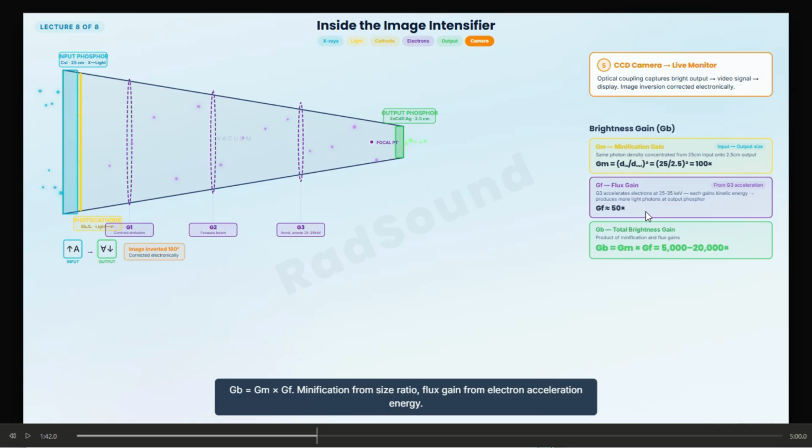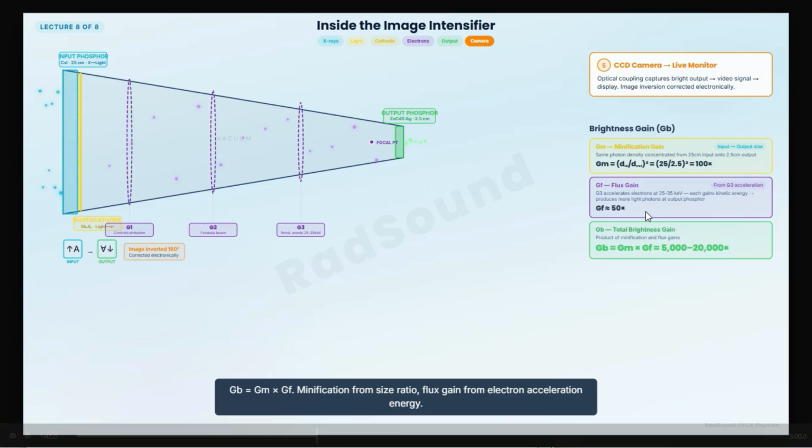That is mostly around 50. So the total brightness gain, multiplying that 100 by 50, is mostly between 5,000 to 20,000 times, for each X-ray that reached the output passport.